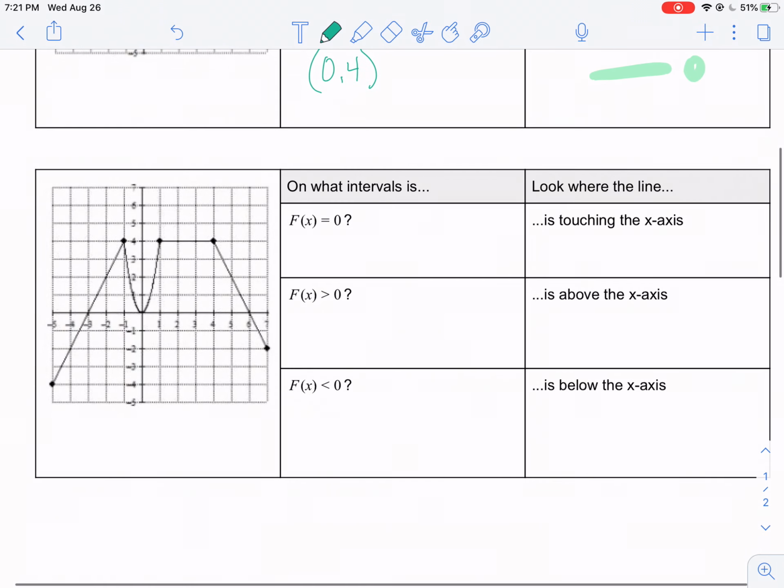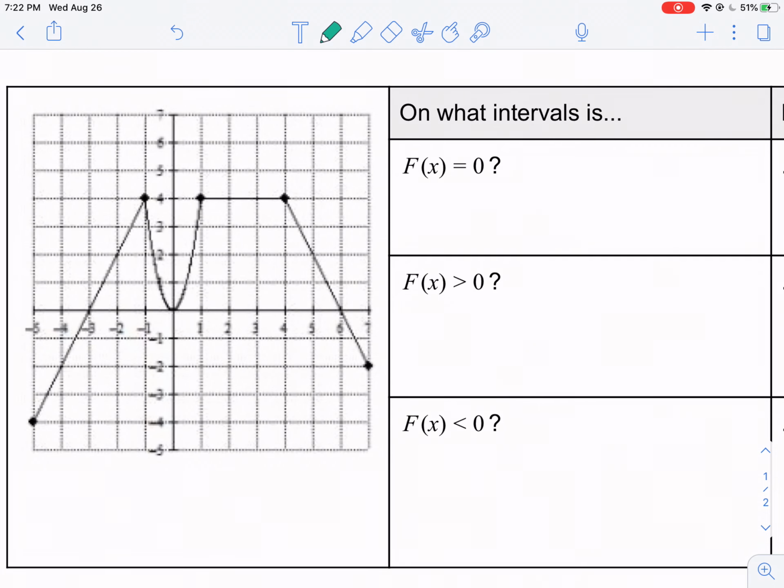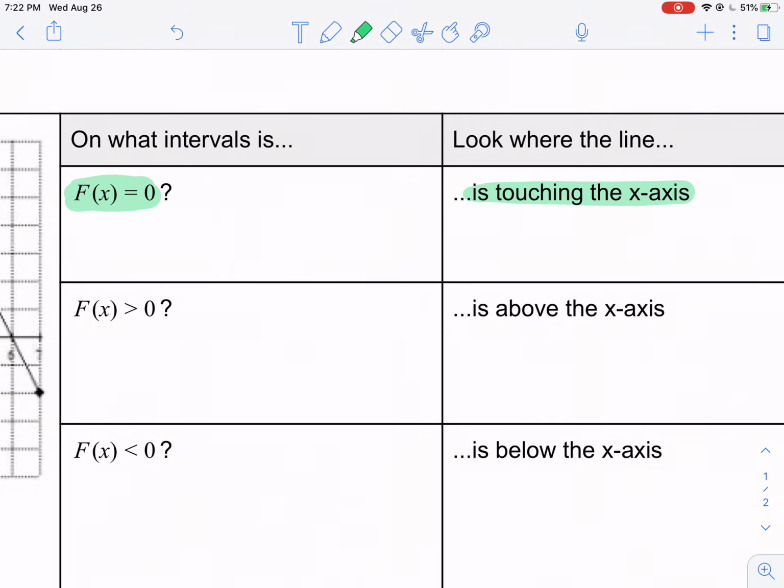Another way we can talk about the graph is whether it is above the x-axis, below the x-axis, or touching the x-axis. So we see it written in this notation here, where f of x is equal to 0, f of x is greater than 0, or f of x is less than 0. For where it's equal to 0, this is just where it is touching the x-axis, right?